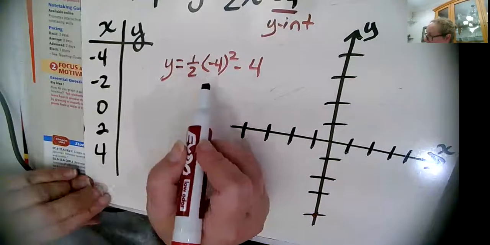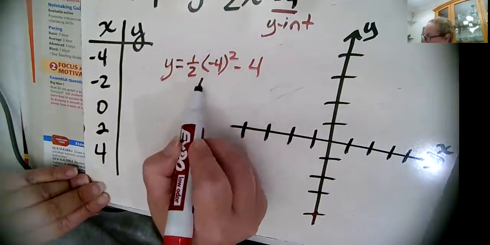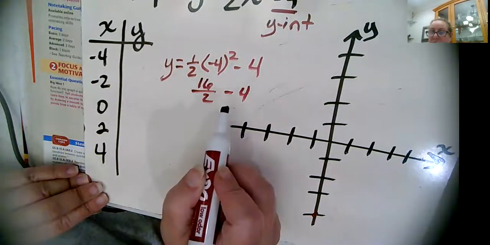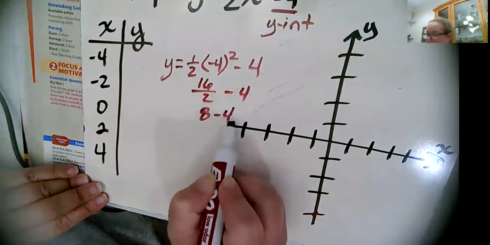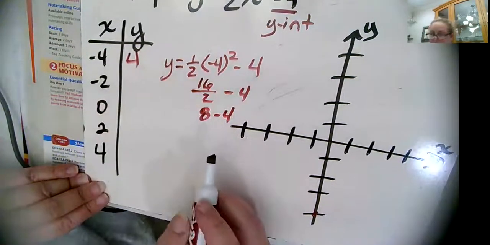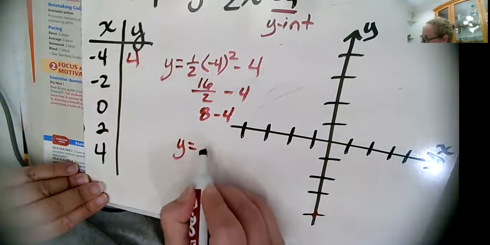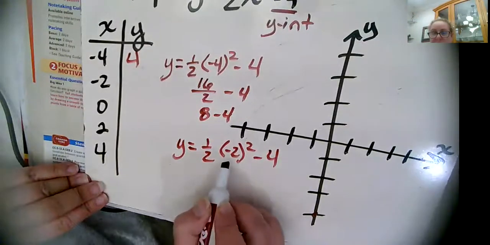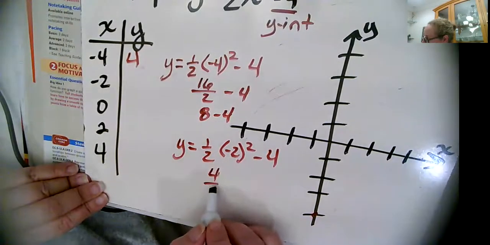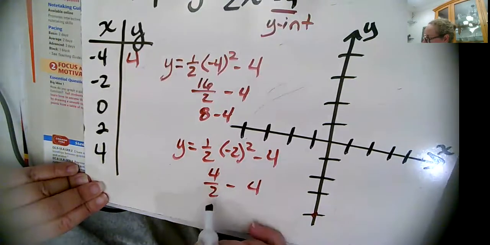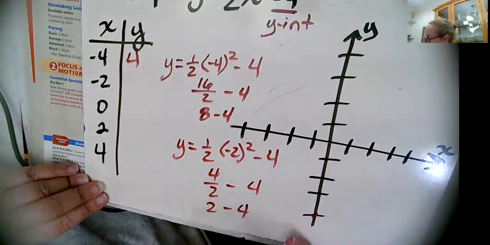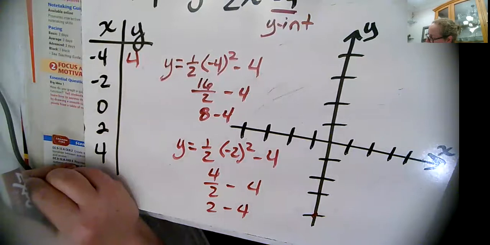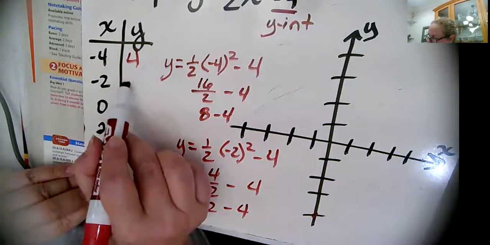So let's simplify this. -4 squared is 16, 16/2 minus 4. Well, 16/2 is 8. 8 minus 4 is 4. Now for -2. Y equals 1/2 times -2 squared minus 4. -2 times -2 is 4. 4/2 minus 4. Well, 4/2 is 2. 2 minus 4 is -2.